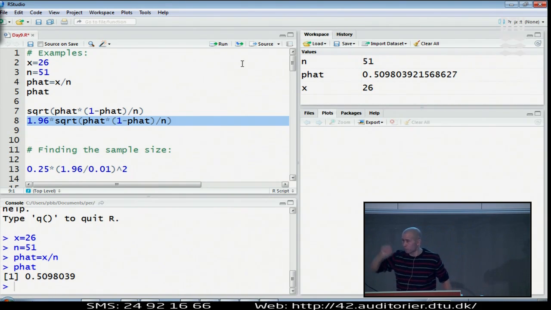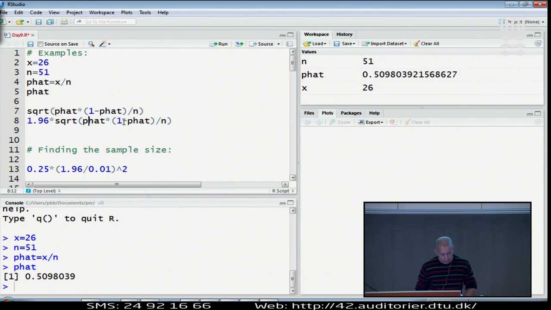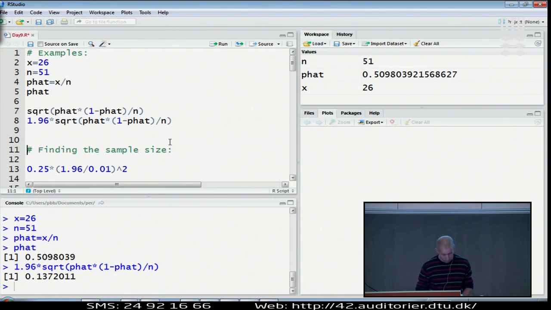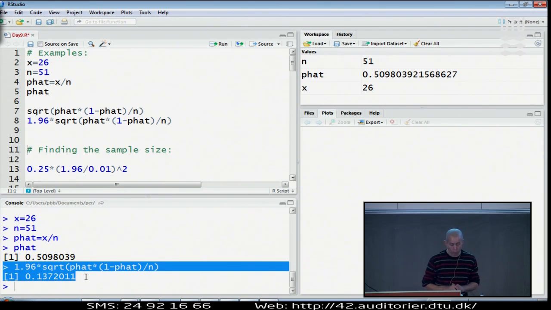The 2.5% point, that's the 1.96, with an alpha of 5%, alpha half. I take the square root of p hat times 1 minus p hat over n, and I see what this number becomes. This number becomes 0.14.